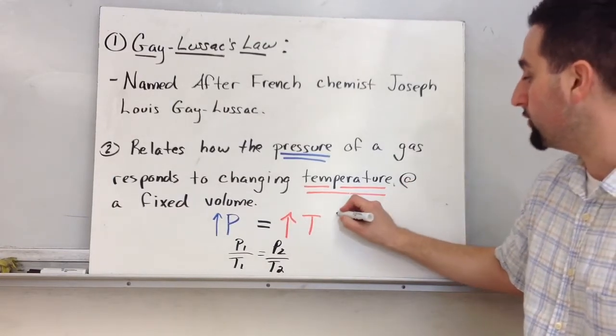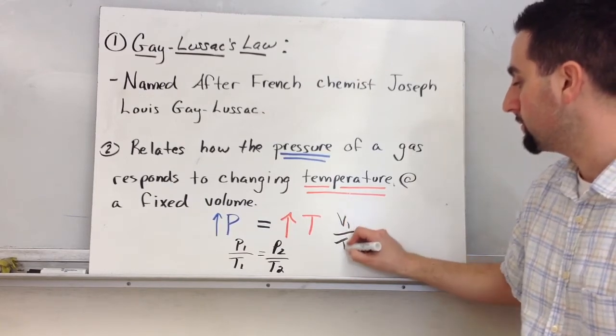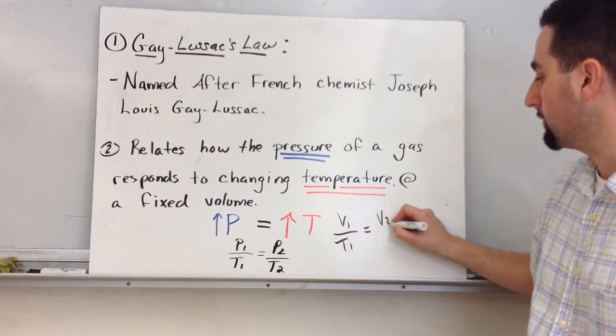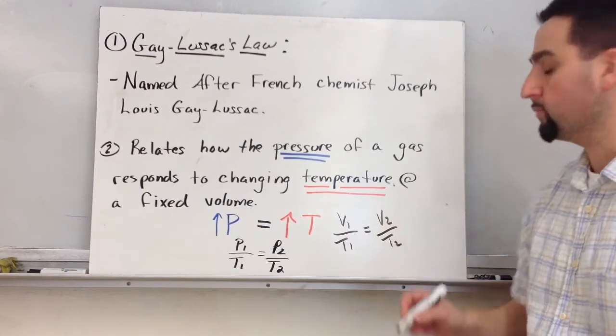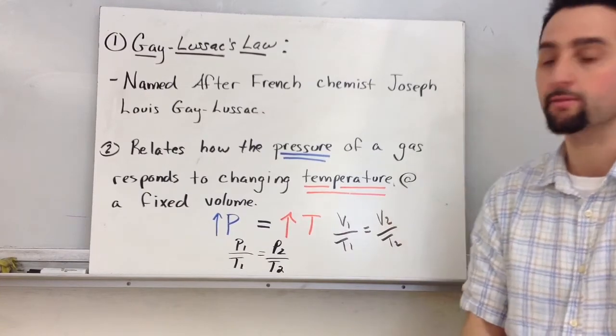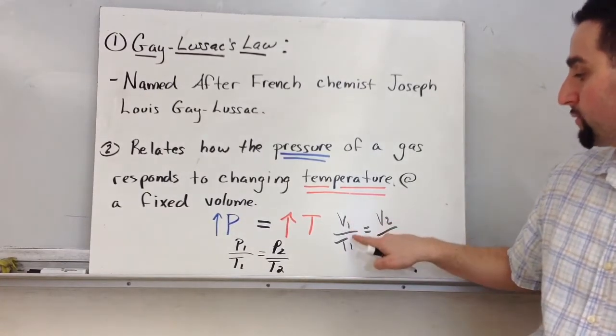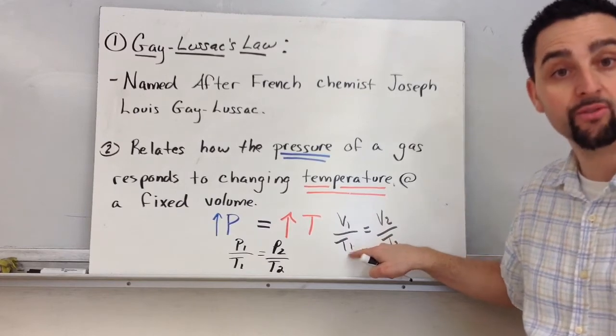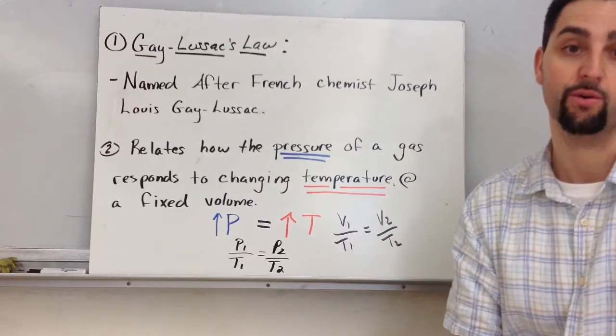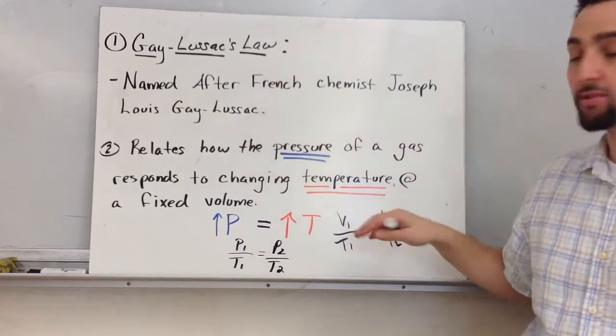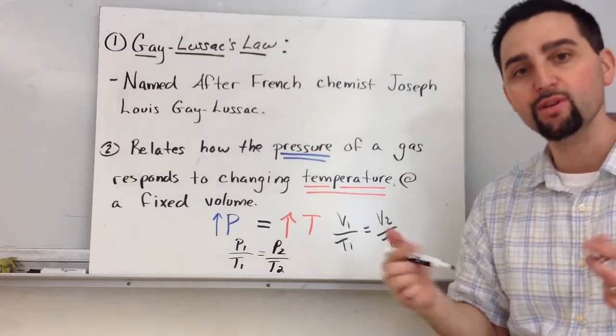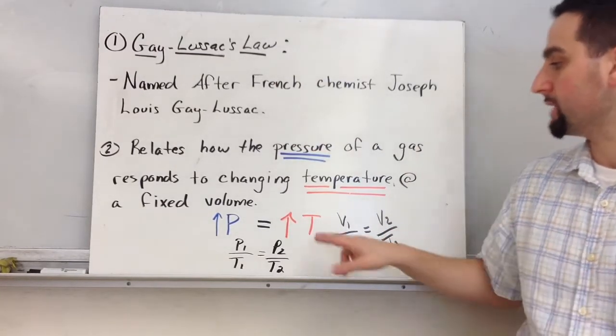It may remind you of Charles's law, which is very similar, except volume is related to temperature under a constant pressure. So Gay-Lussac's and Charles's law are very similar. Two different variables are being looked at here.